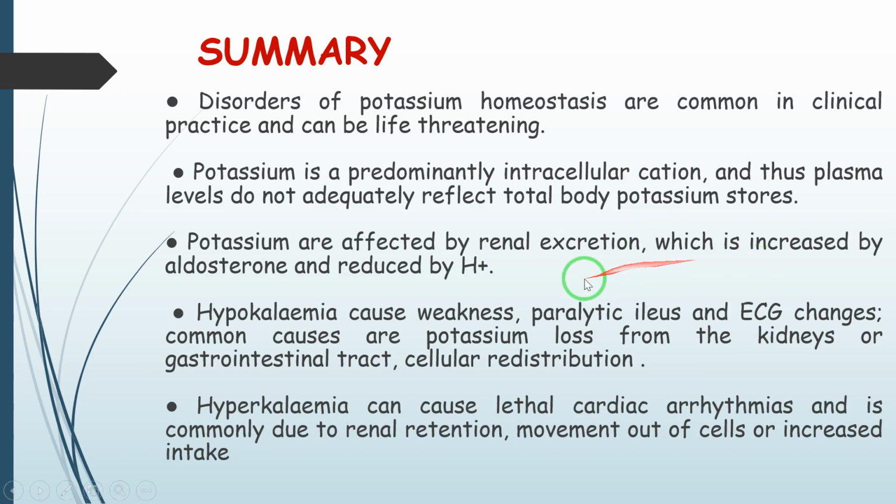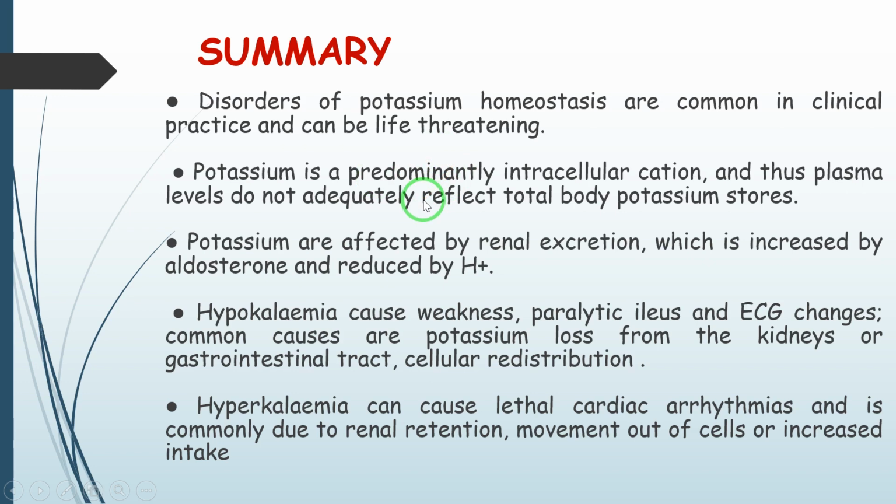So the summary of this lecture: potassium homeostasis and its disorders are common, and they may be life-threatening. For example, it may lead to paralysis of the respiratory muscles and lead to cardiac arrhythmia, which may be fatal sometimes if the abnormality in the level of potassium is severe.